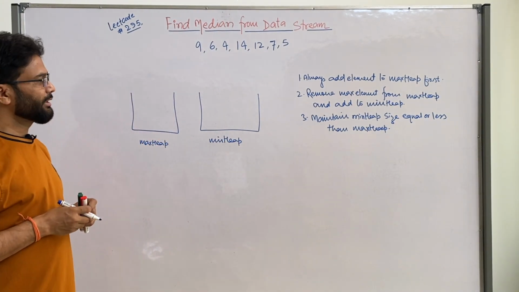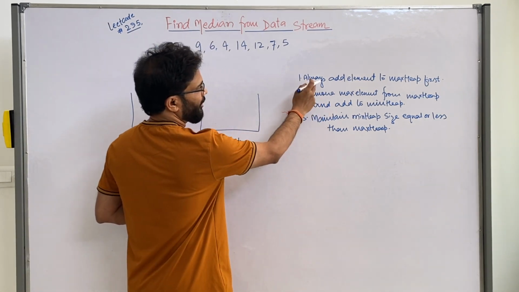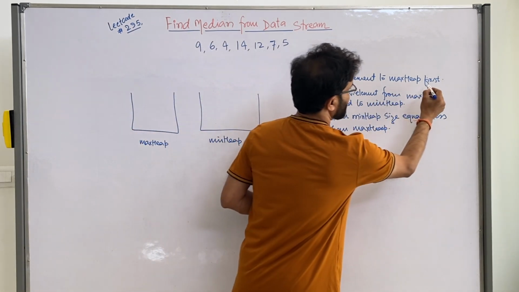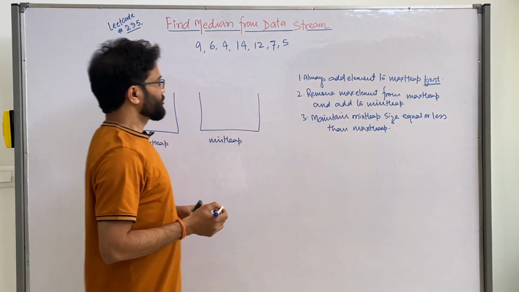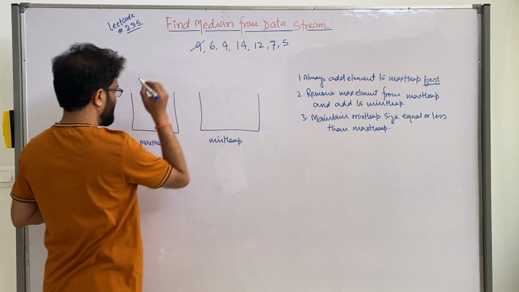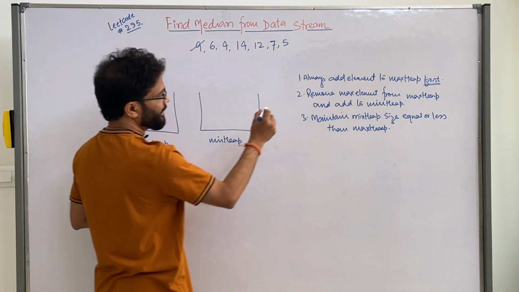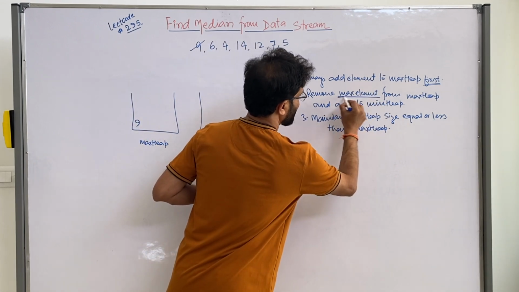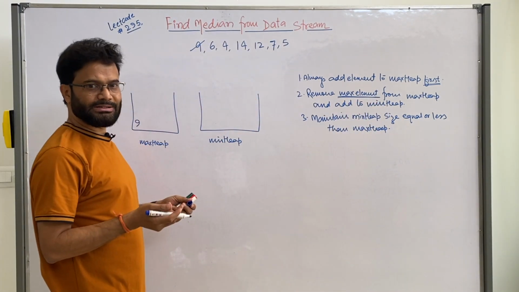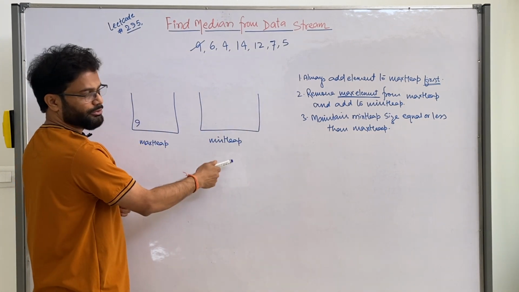Just keep in mind the three steps. Step first, always add the element to the max heap first. So when you take the first, put it into the max heap. Second step, remove the max element, not the same element. It could be the same, but the max element from the max heap, and put it into the min heap.